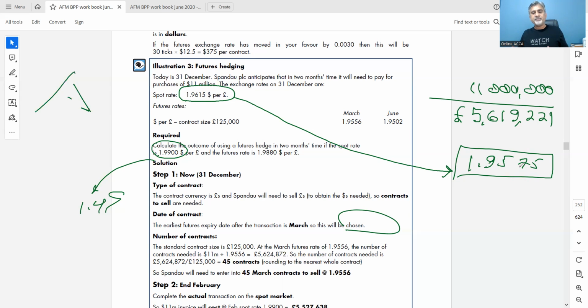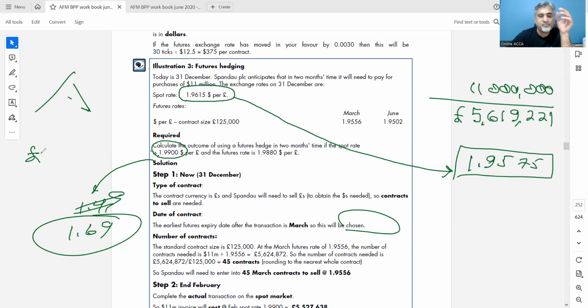If it had moved the opposite way, probably if it had not moved to 1.99, it might have moved to 1.69. Oh, that would have been terrible for me. It would give me a lot of loss, because in that case I would need not 5.5 million, probably I would need 6 million sterlings to buy 11 million pounds.